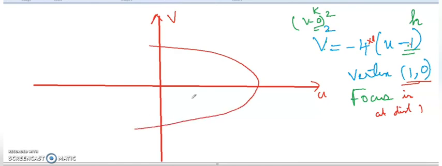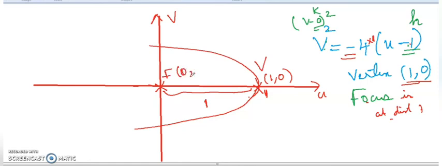Because you have a minus sign here, it is open towards the negative side, and this is 1 comma 0. This distance is 1 because this point is 1. So focus is at a distance 1 from the vertex. Therefore focus is at the point 0 comma 0.